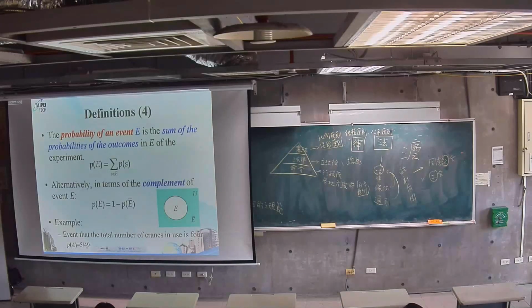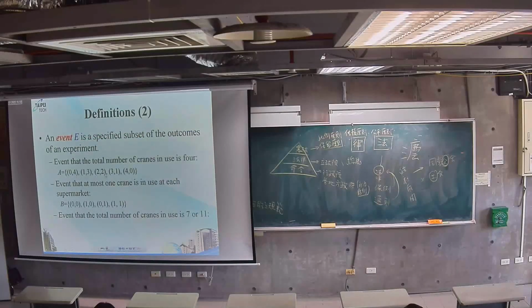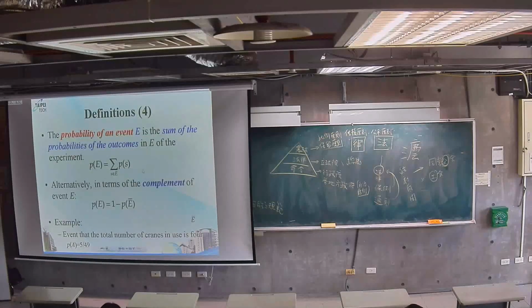So the probability would be 5/49. That means we have these 5 outcomes out of the whole sample space, the number of possible outcomes. So it will be 5/49.